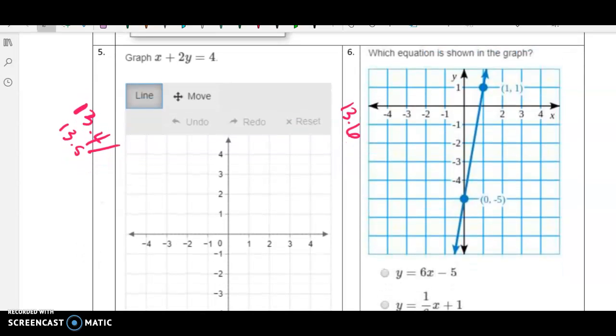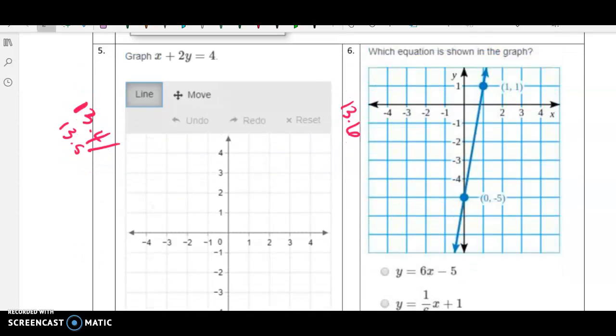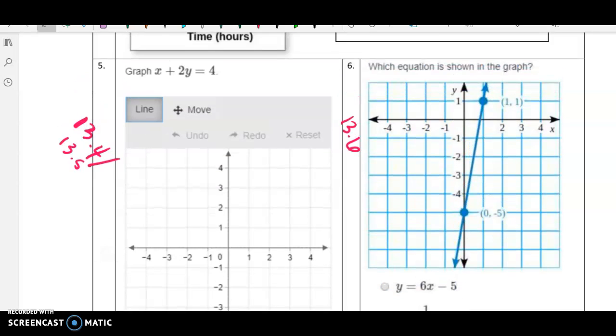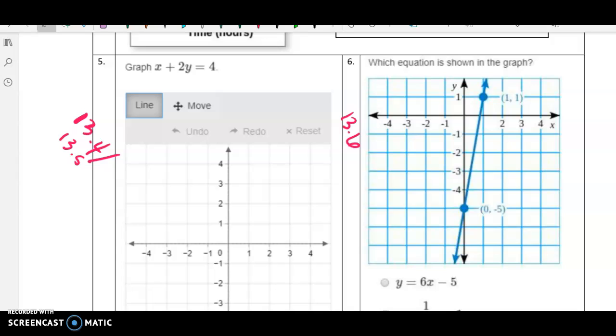All right. Graph x plus 2y equals 4. So we're going to plug in our y-intercept. Actually, it'd be easier just to subtract our x from both sides. And we get 2y equals negative x plus 4.